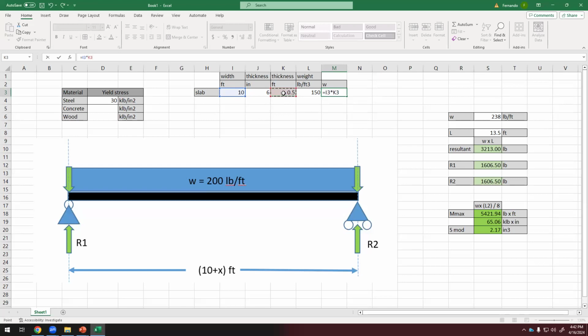So I have to select this cell times the weight. There you go. So in this case, my W is 750, the units are pounds per foot. Okay, so that's the weight of the slab.